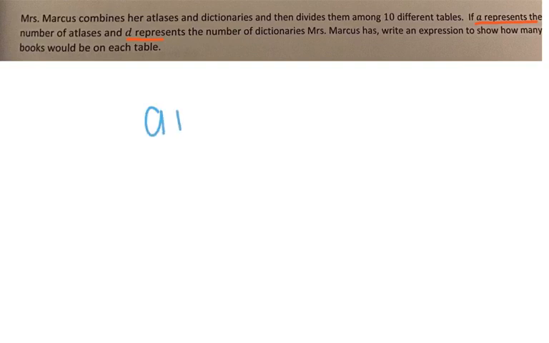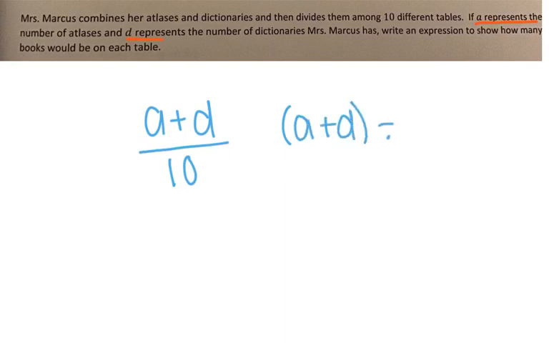So that's going to be A plus D, and then she's going to divide them among 10 different tables. So A plus D over 10, or A plus D divided by 10. Remember, if you are writing it this way, you need those parentheses around A plus D so that the person knows that you need to do A plus D first. Otherwise, you might not get the correct answer. I'm just saying.